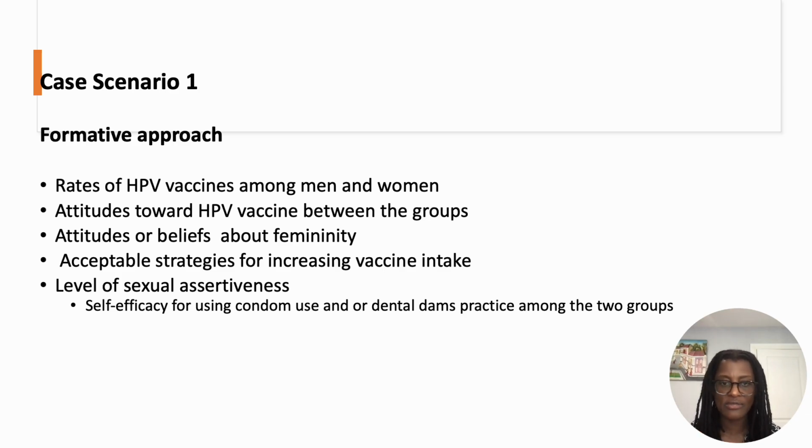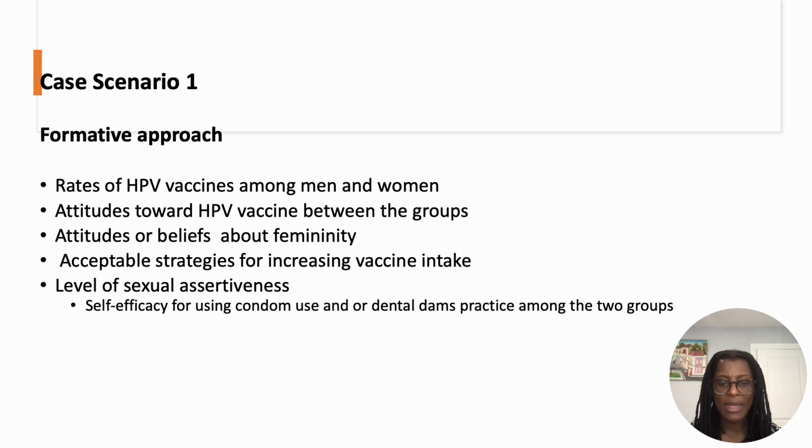Overall, there's a lot of research on that. And you can actually get it at the community level if you're focusing on a certain community. You may just use the local hospital or the local community center, whatever your target environment is.